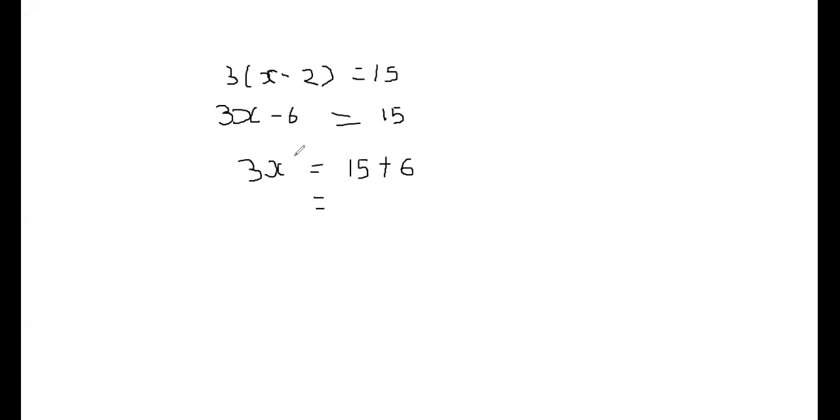Okay, so we have 15 plus 6 will give us 21, right? And then we take over the 3 that is multiplying. If we take it over, it will then divide.